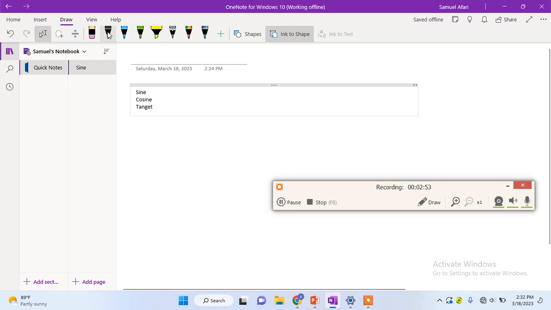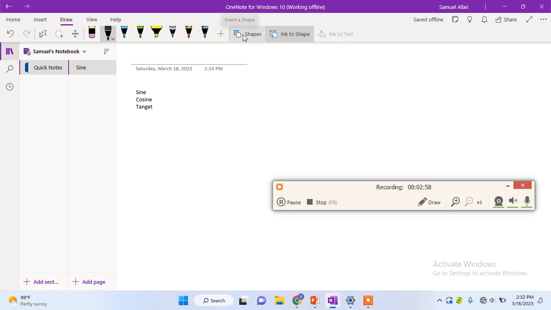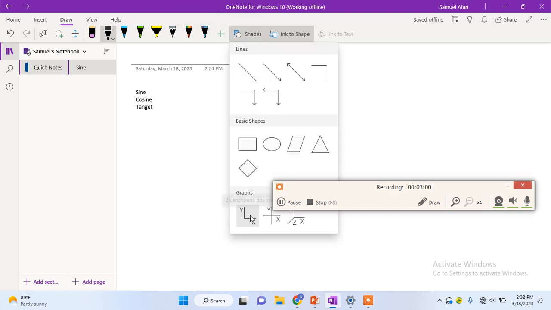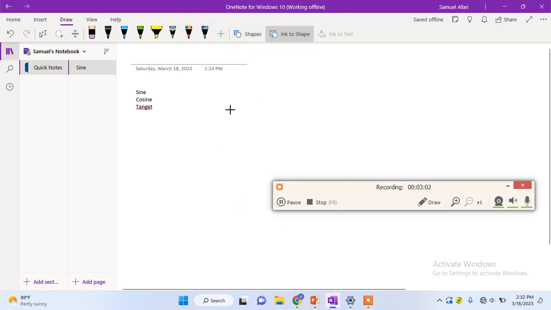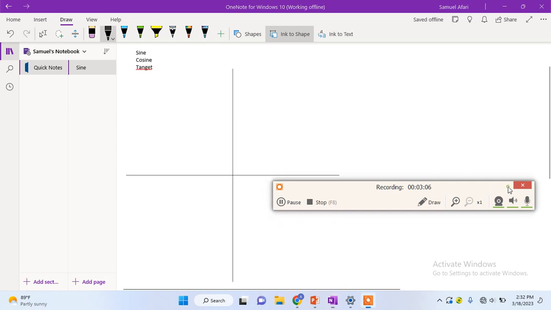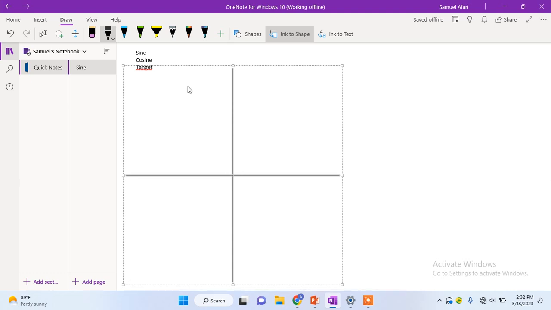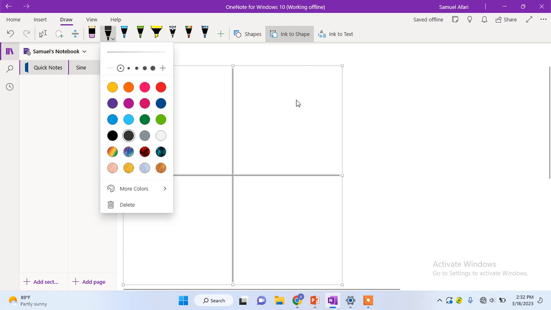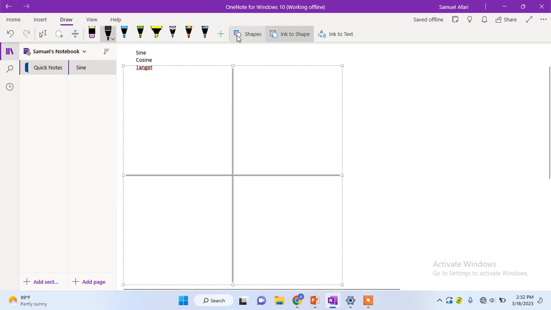Now let's draw our graph again. Assuming we have this graph here nicely, and there's a point, the point that we had already.